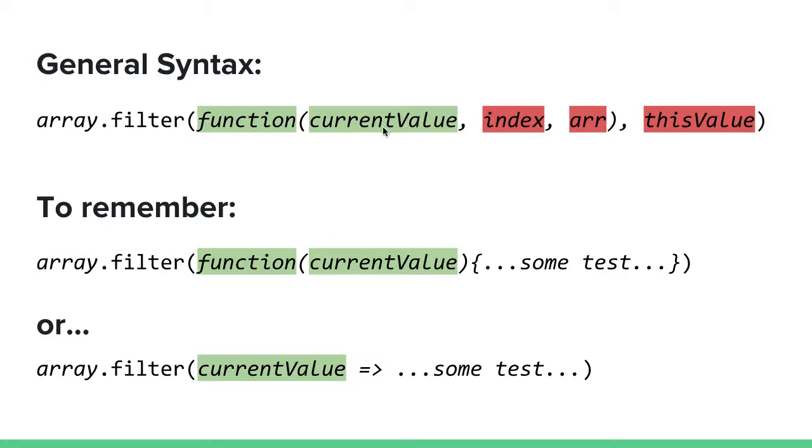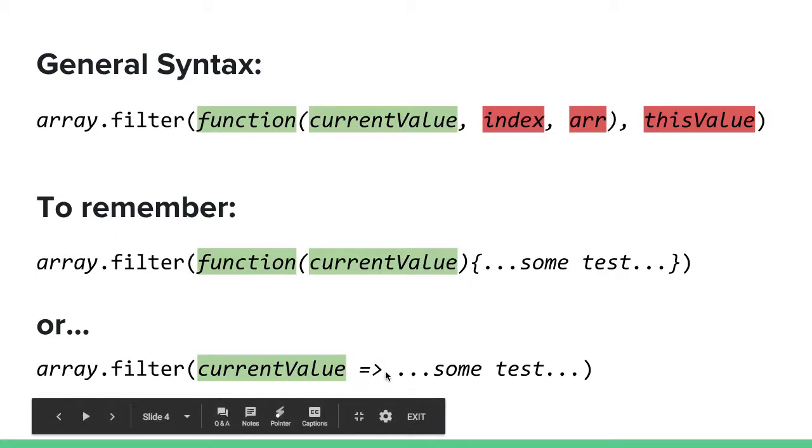This will become clearer when you see an example. Basically, we're going to have a function inside filter, and it's going to take an element at a time, and then it's going to do some test on it within these curly braces. And then if we want to make it look a bit neater, we can use the ES6 syntax, which is just using an arrow function.